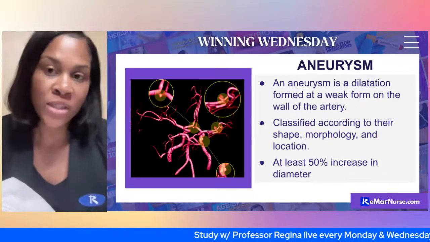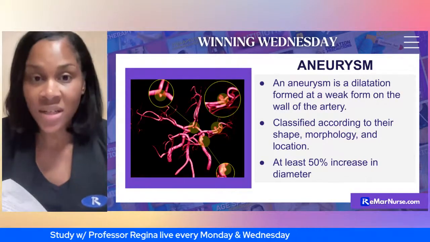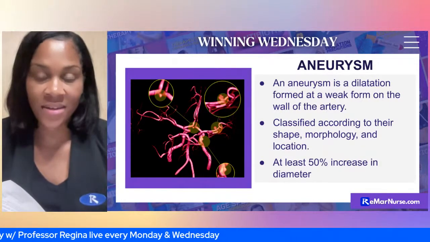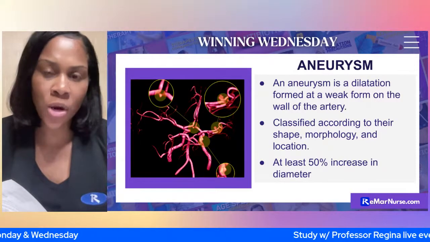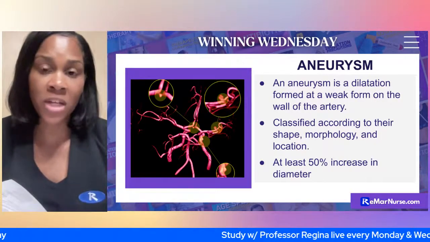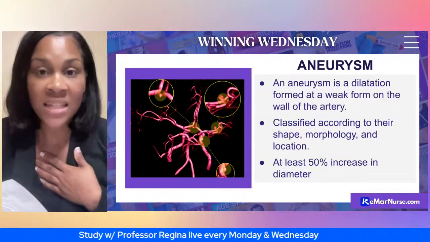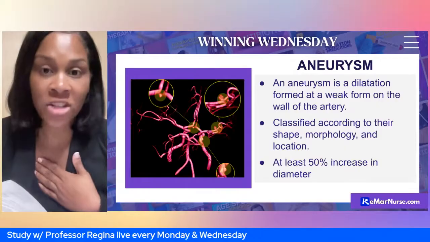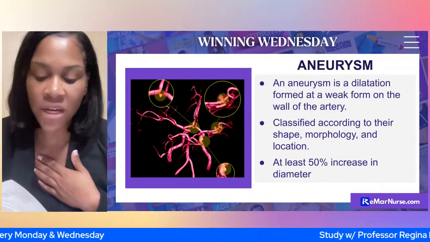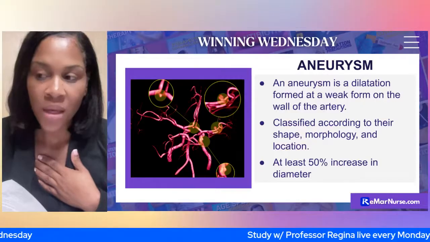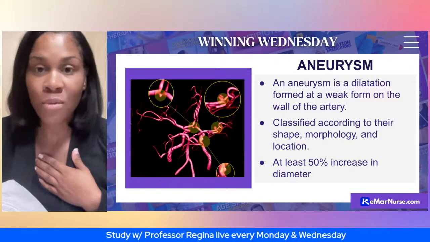Of course, the bigger an aneurysm is, the more serious the condition is. We are expected to know how to care for these patients, and we have to understand that this is considered an emergency in most cases.